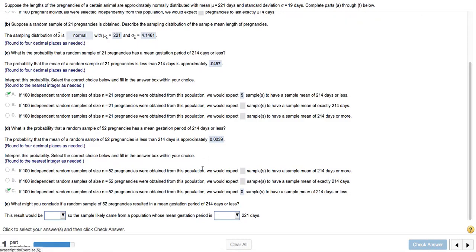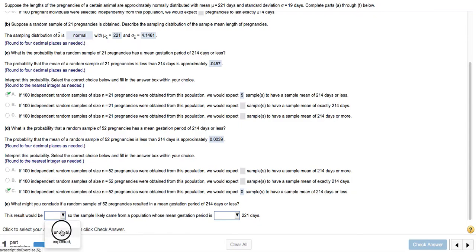All right, so to complete this, part E is saying, what if you found 52 individuals that you selected and took their mean, and it turned out that mean was less than 214 days? First of all, this is very unusual. It's less than 5% by a lot.